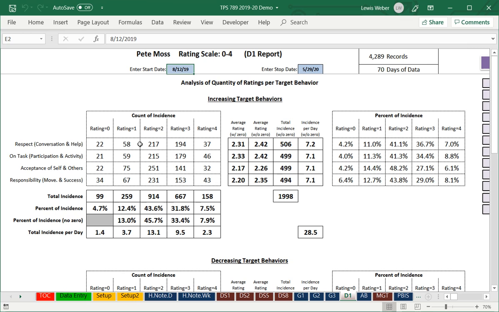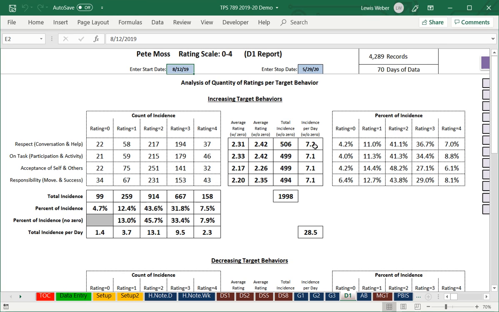So it takes these ratings and divides by the number of days in which data were collected. It's not 70 days because there may not have been data for each target behavior for the full 70 days. It actually goes into its data set and asks how many days respect got measured, and it divides by that number.